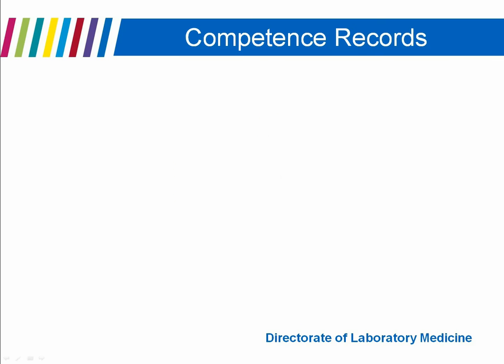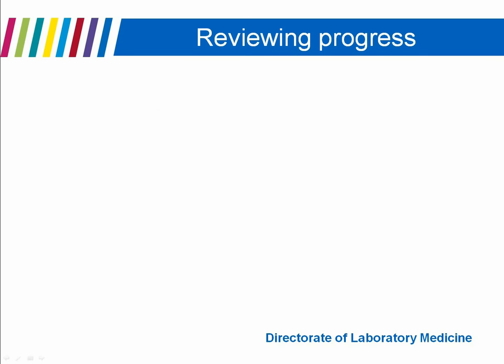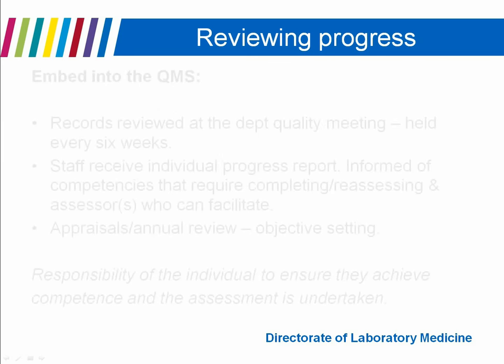And our competency records are all summarised into an Excel spreadsheet where we can put alerts into the spreadsheet so they will flag when a competence is due to fall out of date and is due for renewal. And the whole competency assessment process is embedded into our quality management system.